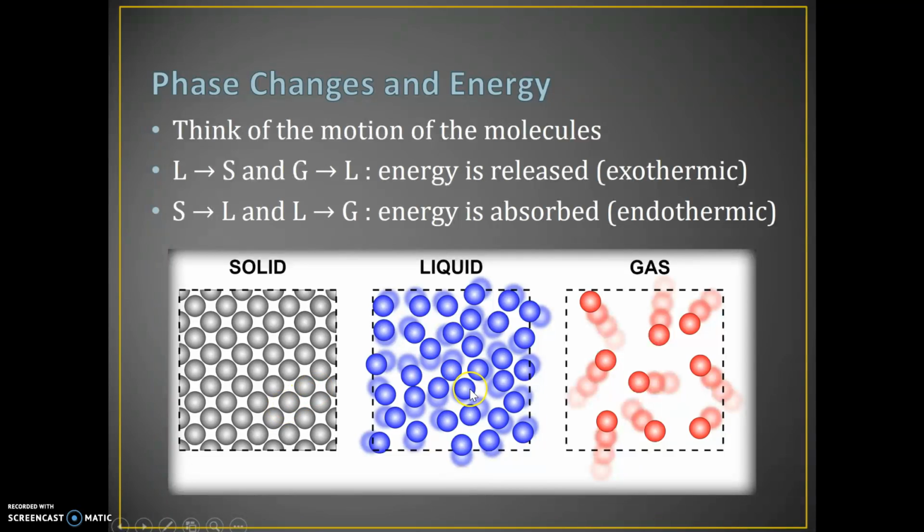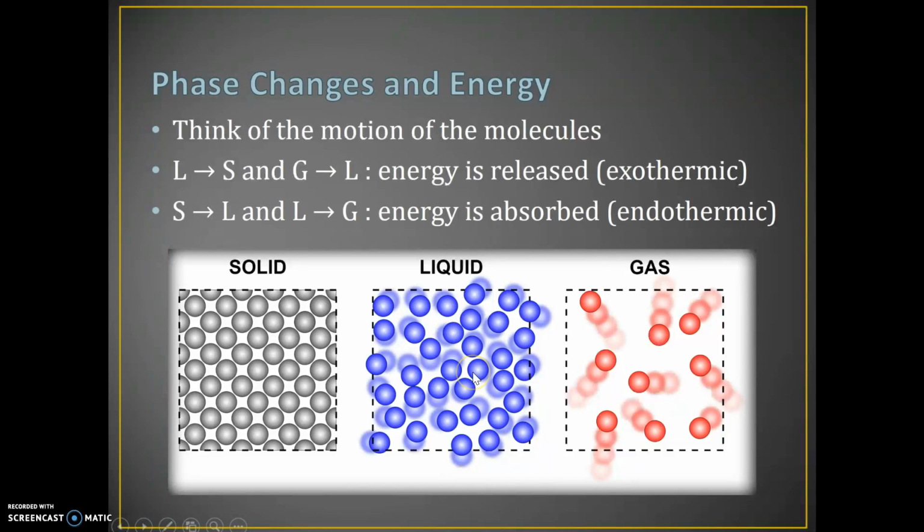Okay? If you're going backwards the other way, let's say we're going from liquid up to a gas. Okay? So you're heating it up. These molecules are now moving faster. They are absorbing that energy, and it's endothermic. Okay? So even though going from a liquid to a gas, you do have to heat the substance, this stuff is going to be getting hotter, but it's the surroundings that has to heat it up, right?